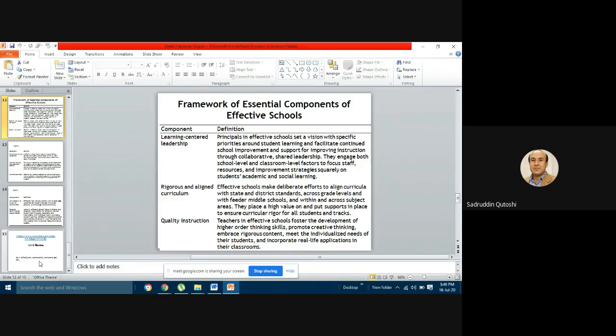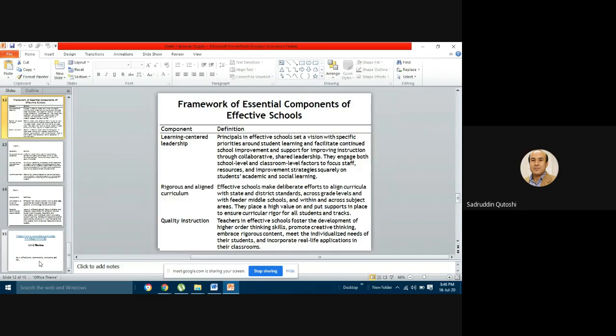Based on that, school leaders sit together with the teachers and highlight those facilities. So how can we ensure in our school a learning environment that is learner-centered, not teacher-centered?